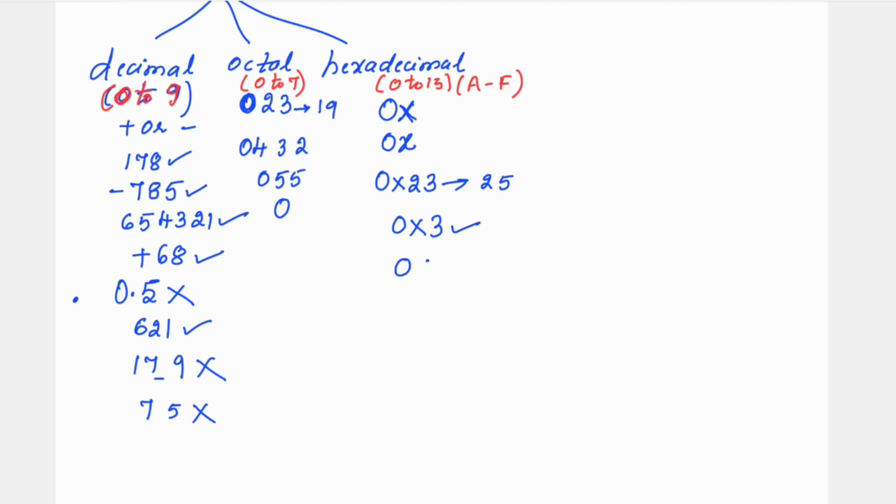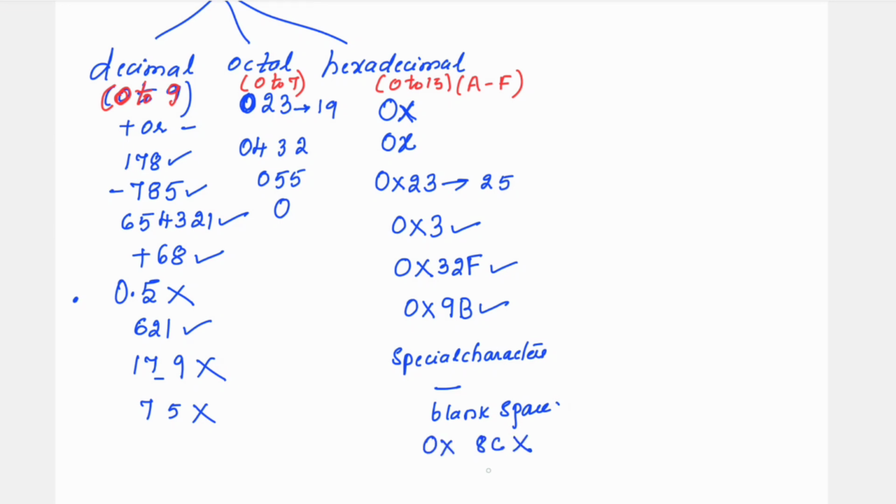Then 0x3F, I can use it because we are allowed to use the letters A to F. Then 0x9b is also a valid hexadecimal integer constant. The same rule is applicable even for octal and decimal. You cannot make use of any special characters, the underscore, or the blank space.